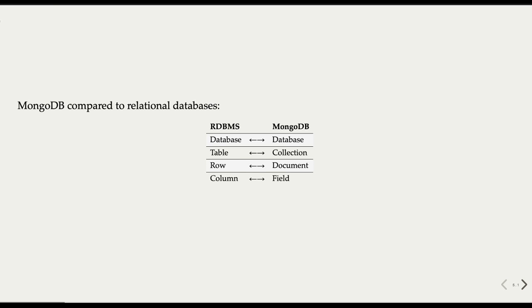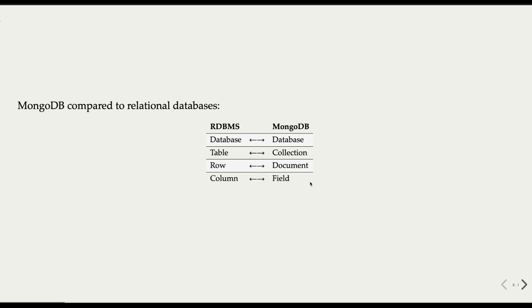When we talk about NoSQL, it's often useful for those of you who are familiar with SQL or relational databases to relate the concepts in NoSQL to a relational database management system.